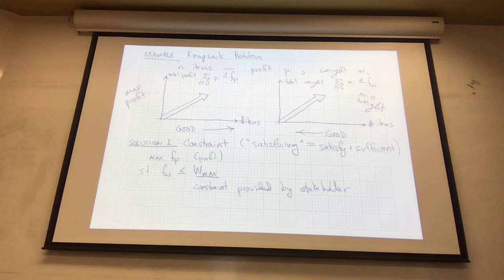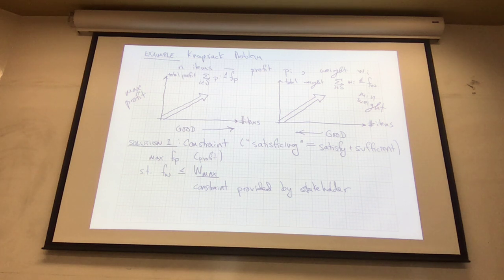Yeah. If you were to take both number or profit on one axis, and... We'll see what we mean by optimal. Yeah, we'll get to that. That's what we're all building up to.